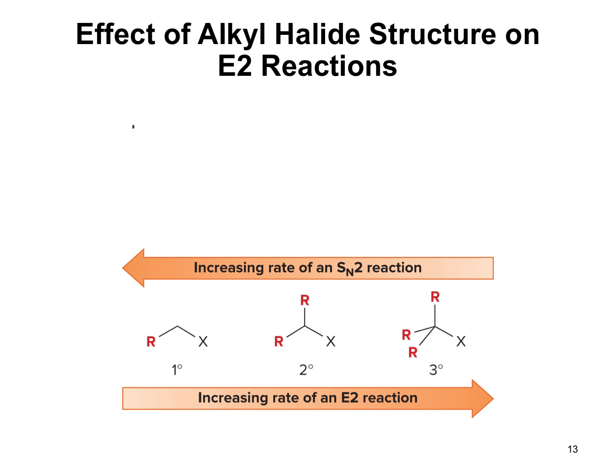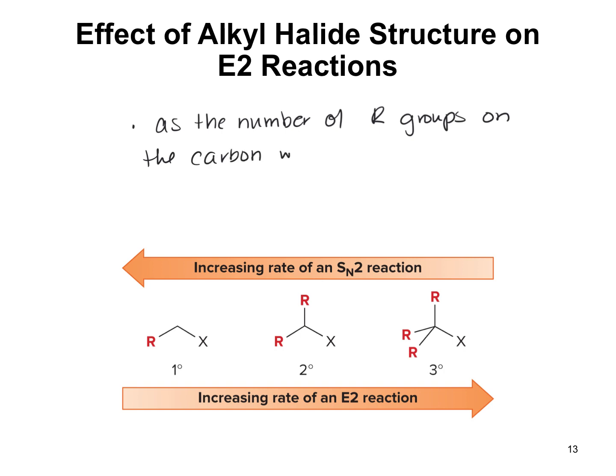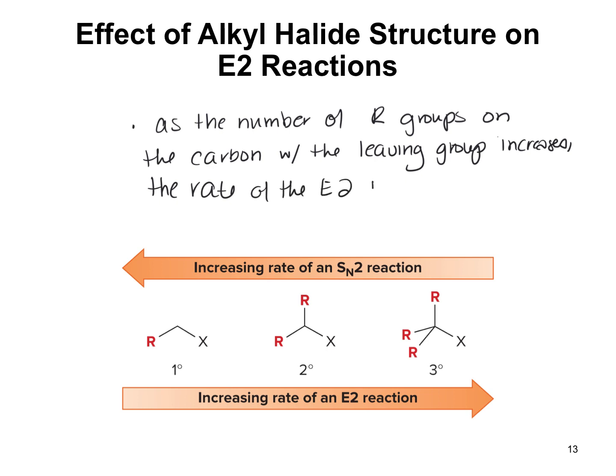And so what we find is that as the number of R groups on the carbon with the leaving group increases, the rate of the E2 reaction also increases.